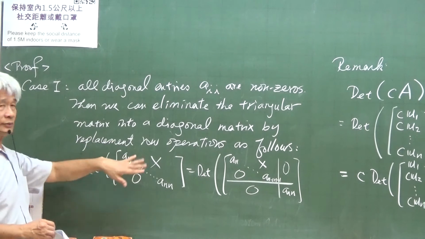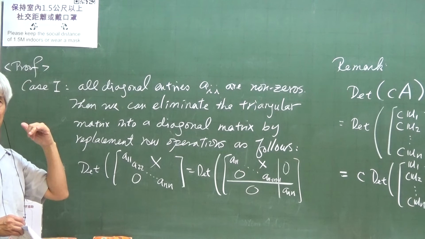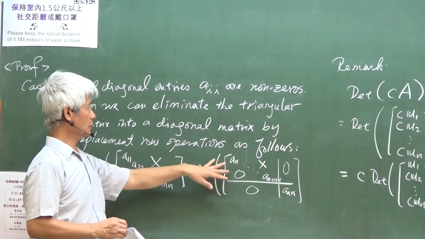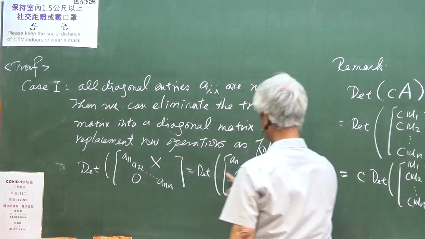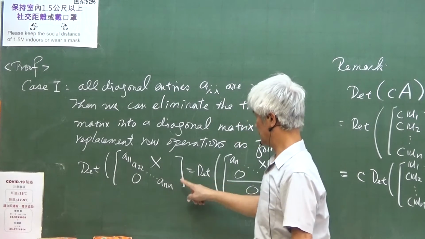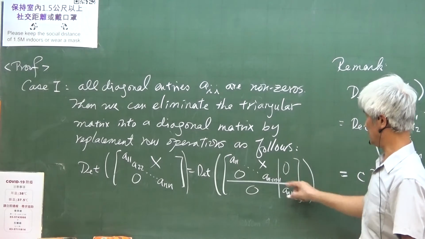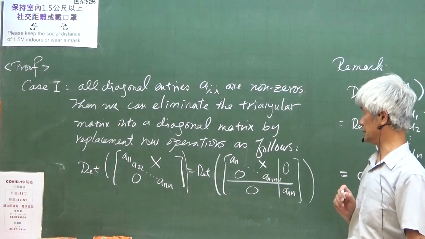But as we know, in the theorem I proved last Friday, with the replacement row operation, we will not change the determinant value. So the determinant of this matrix is the same as the determinant of this matrix after the elimination by replacement operations.